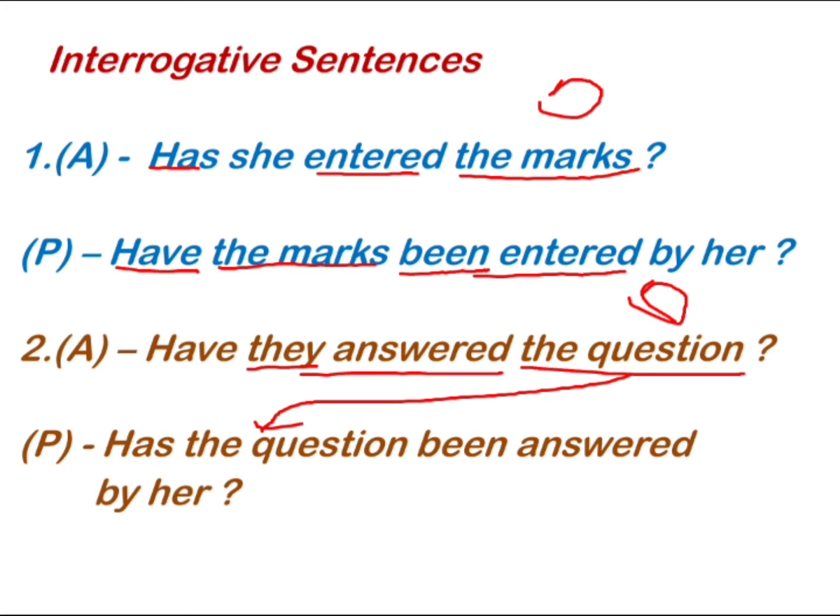The question began with the auxiliary verb have, and in the passive voice the question is singular, so we begin with has. Has the question, the be form of verb is been, answered is the past participle, by her. Has the question been answered by her?